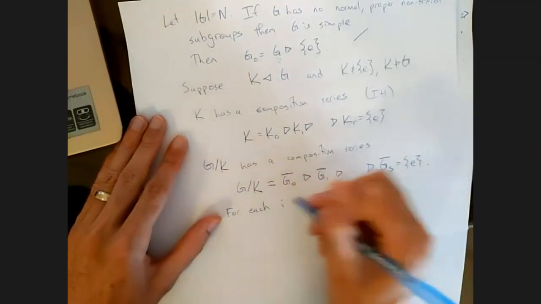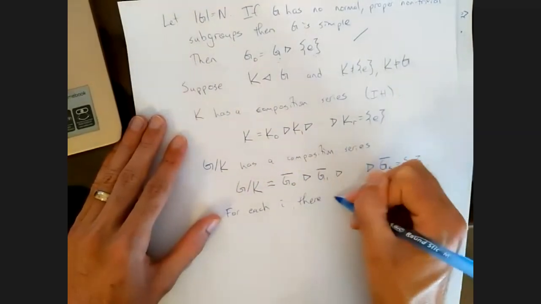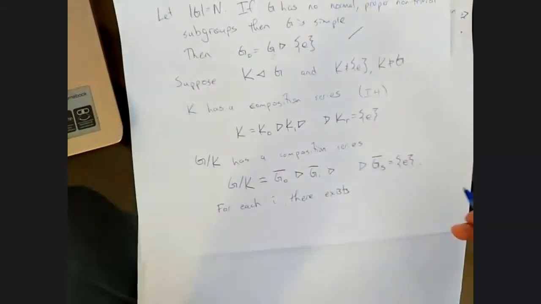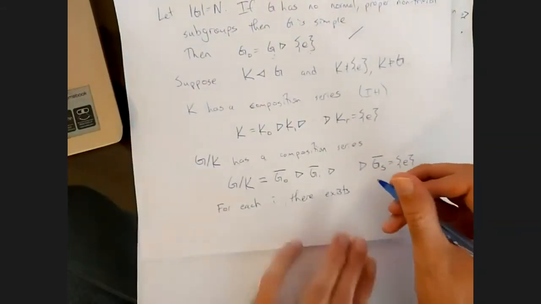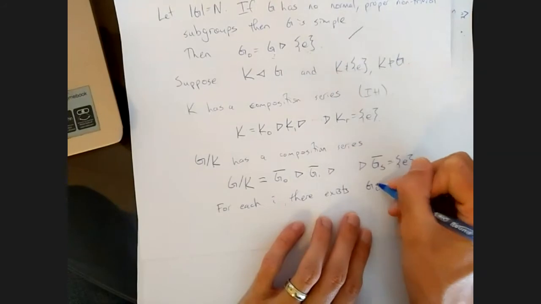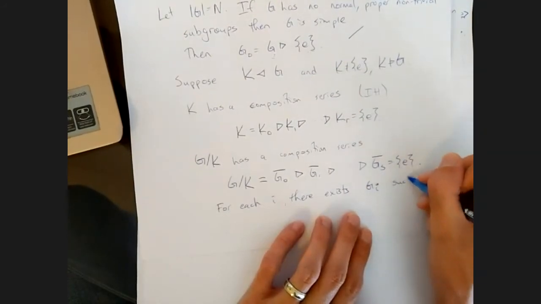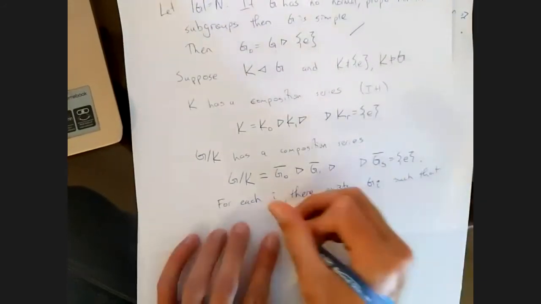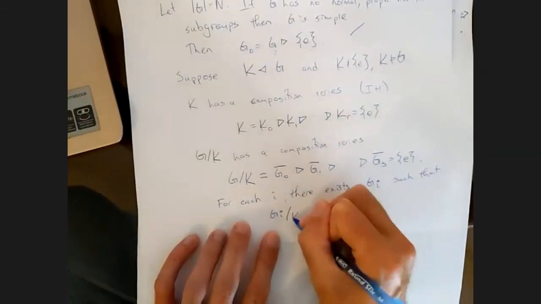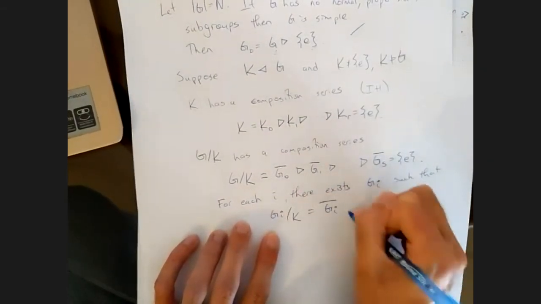For each i, there exists Gi such that Gi mod K equals Gi bar.